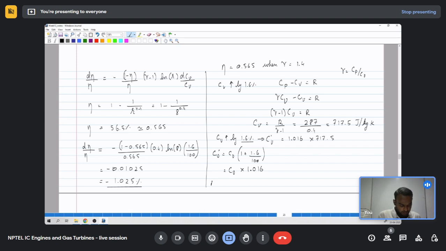Or you say delta CV is equal to 1.6 by 100 into CV, that is 0.016 CV. So CV prime equals the older CV plus delta CV, which is 1.016 CV.